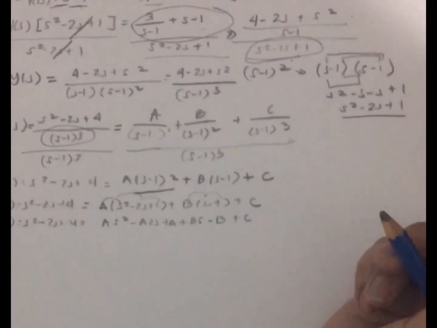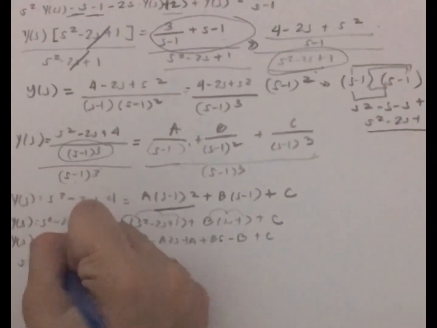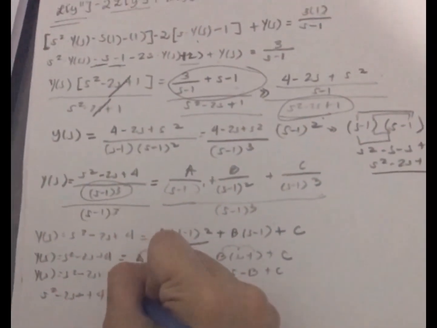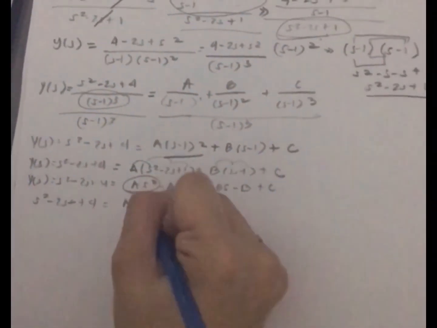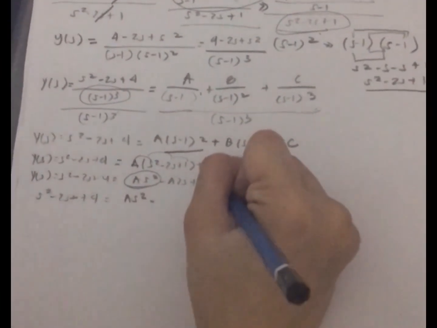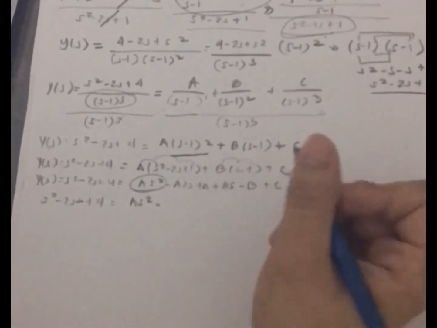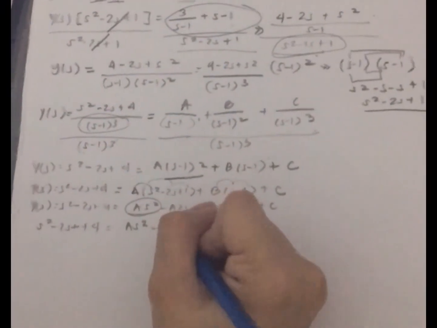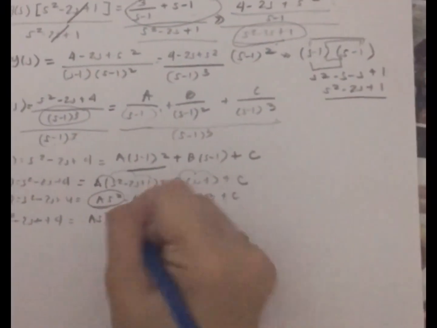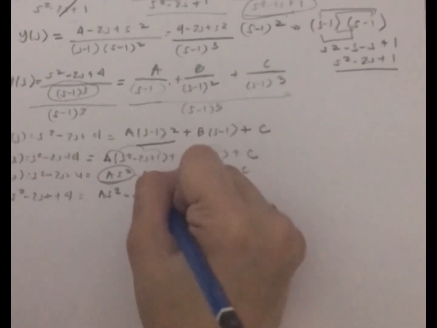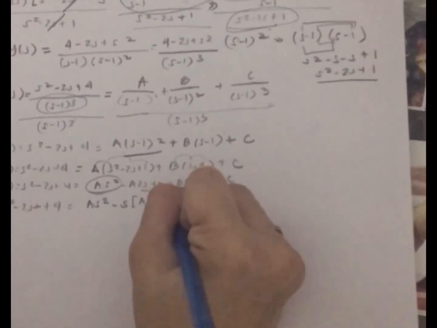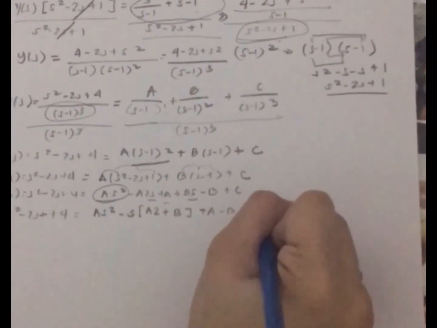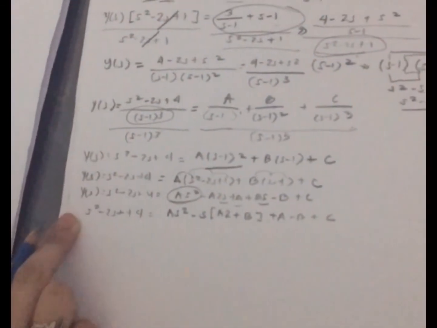Then we should combine like terms and we will arrive with s squared minus 2s plus 4 is equal to, since we only have one s squared here, let's put it here, As squared, and since we have a single exponent of s here with A and B, we will put the common multiplier outside s and multiply it with the remaining ones, minus A2 plus B, and then copy this one, A minus B plus C. Okay, here let's look at the left term.